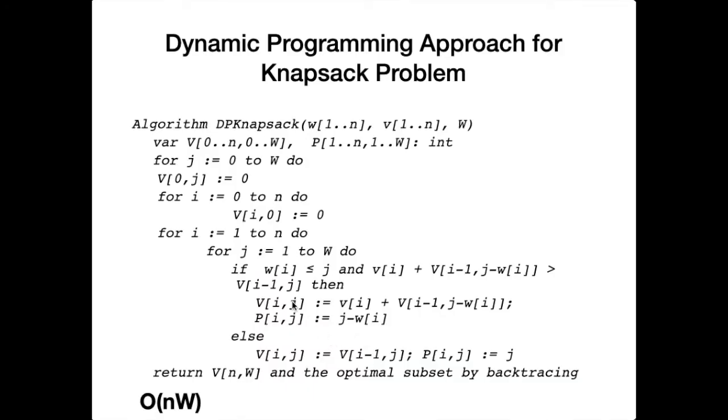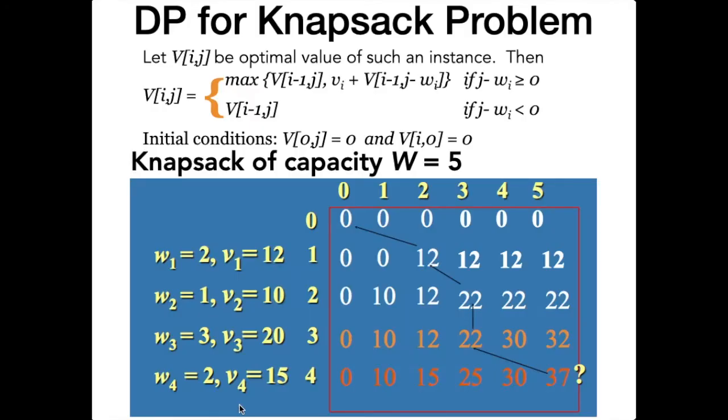Okay, so looking at how this is computed for the running time of this algorithm, we actually have O of n times W. Okay, so probably you would think that the running time of this algorithm is just the amount of space used, so that's n times yung capacity.